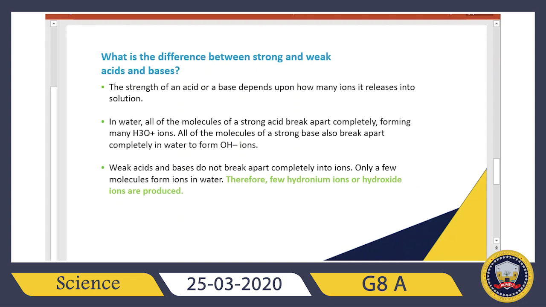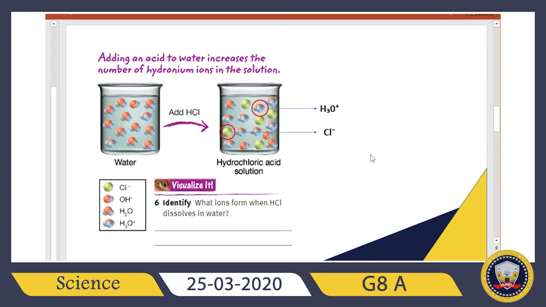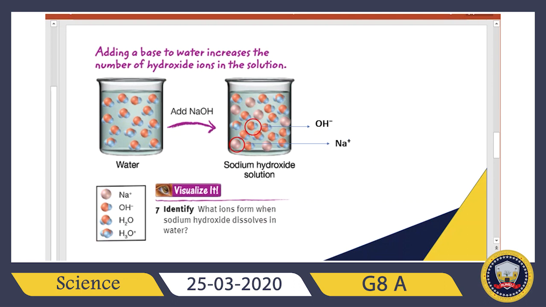So imagine what we said about acids, they should increase the number of hydronium ions. So if an acid is strong, it will increase the hydronium ions more than weak acids. And the same is true for the bases. If a base is strong, it will increase the hydroxide ions more. So let's see some examples to make it more clear.